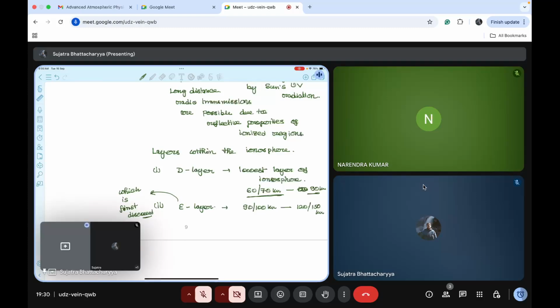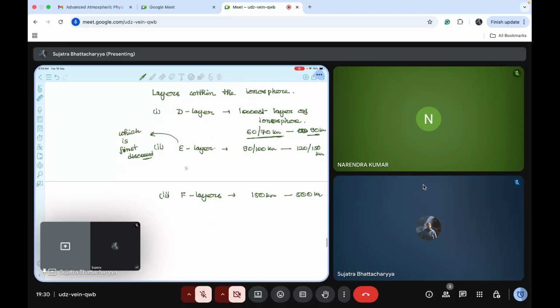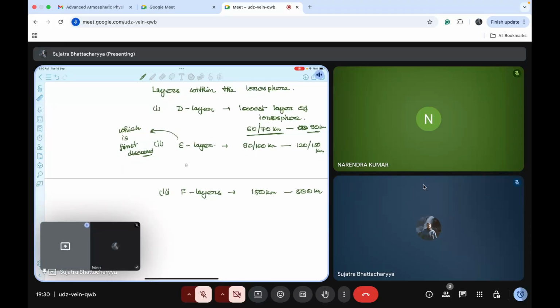Because this varies, you cannot just say a single value, but roughly from 100 to 150 kilometers it exists. And third is the F layer. F also consists of F1 and F2, so let us generally write the F layers: 150 kilometers to about 500 kilometers, the uppermost layer. Okay.